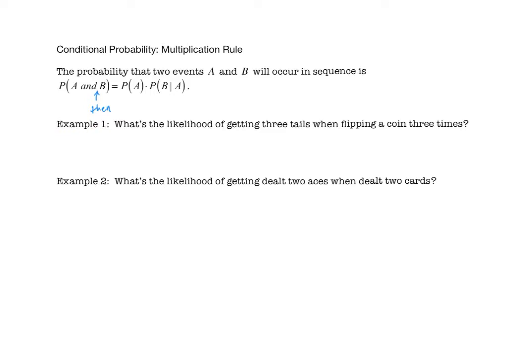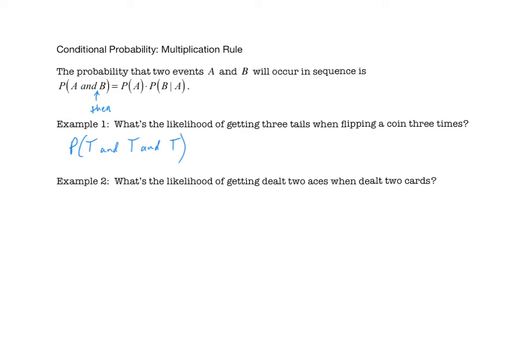What's the likelihood of getting 3 tails when flipping a coin 3 times? Well, that's technically the probability of getting a tails, and then a tails, and then another tails, using T to represent tails. Now you might look at this and say, well, this rule only involves 2 events. And that's true, but if we know the events are independent of one another, we can generalize this to any finitely many events.